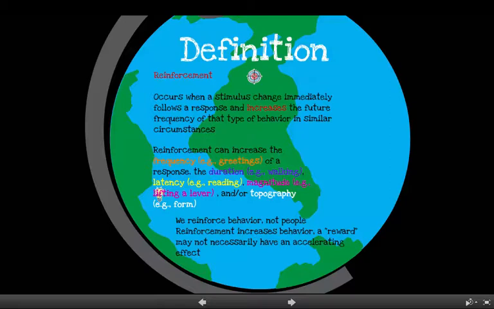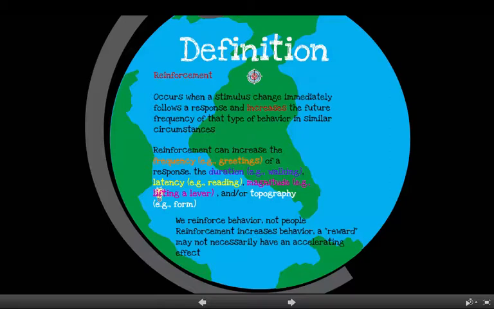So when you think of reinforcement, you always think you're increasing behavior, but also not only the frequency, but you could be impacting the duration, or you can be impacting the latency, or you can be impacting the magnitude, or you could be impacting the topography of a response. So reinforcement's a pretty cool thing because we can get a lot of different behavior as a result of using it.